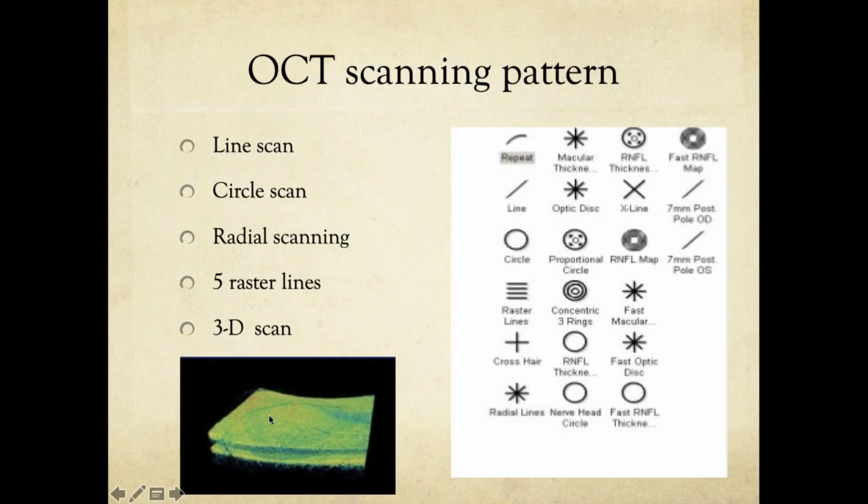Instead of scanning the whole thing, if you're just focusing on a certain area of the retina, all of the efforts made by the machine to acquire the image will be on a single plane of the retina, hence producing a greater resolution.